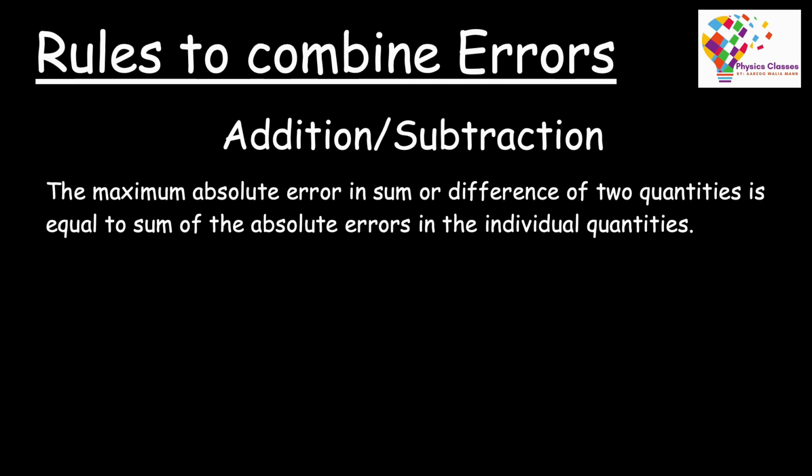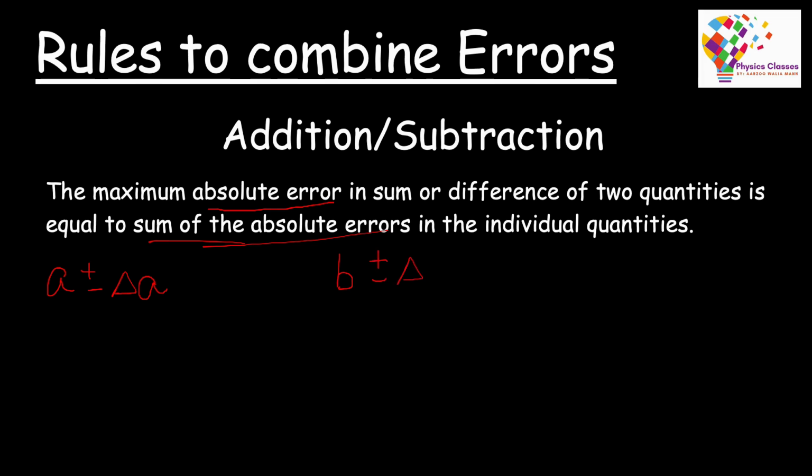Let's say that I want to add or subtract two quantities. When you add or subtract two quantities, the maximum absolute error in the sum or the difference of the two quantities will be equal to the sum of the absolute errors in the individual quantities.